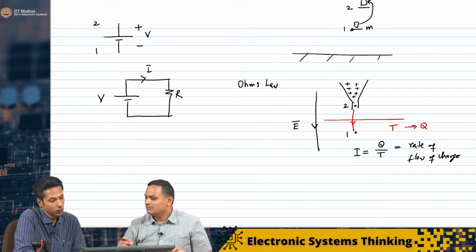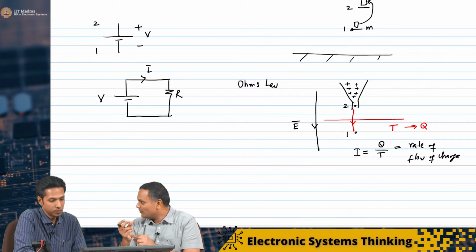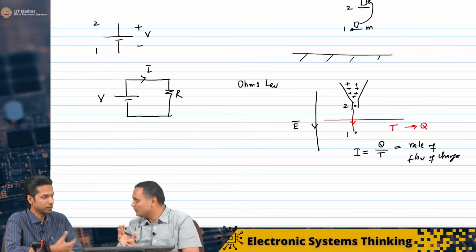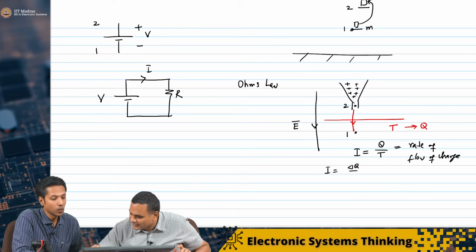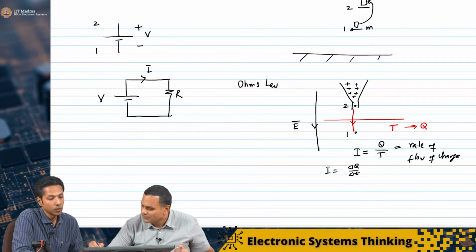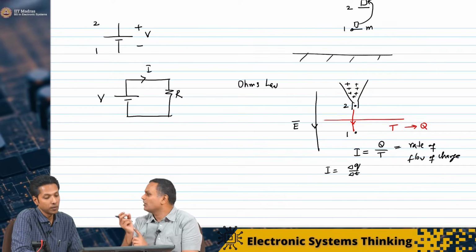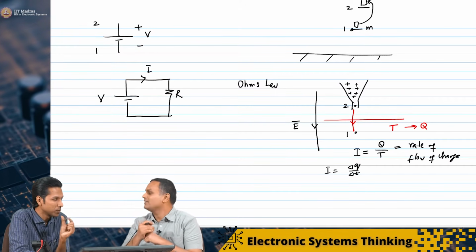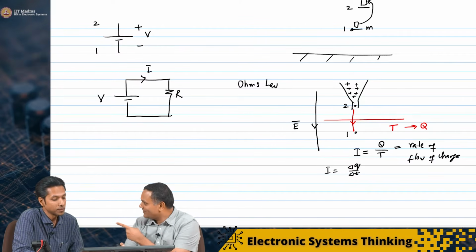Now you imagine I can make t smaller, larger. Suppose I take a very, very small t, I can track the current very closely. So I can say I is delta q by delta t. If I choose a very, very small charge, I'll use small q to keep symbols different, because I'm talking about a very small charge over a very small time interval. And you have studied limits in high school, right?